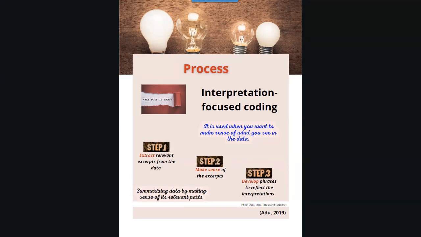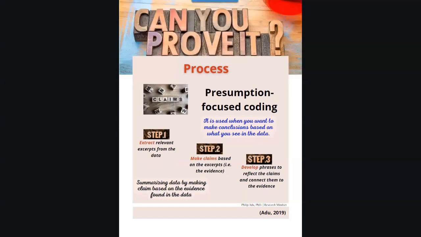You have to first interpret it. What does this information mean? Based on your interpretation of the significant information, you develop a label, called a code, to help you address your research question.